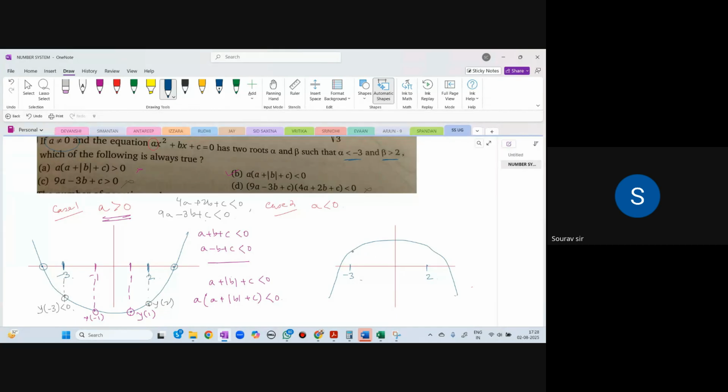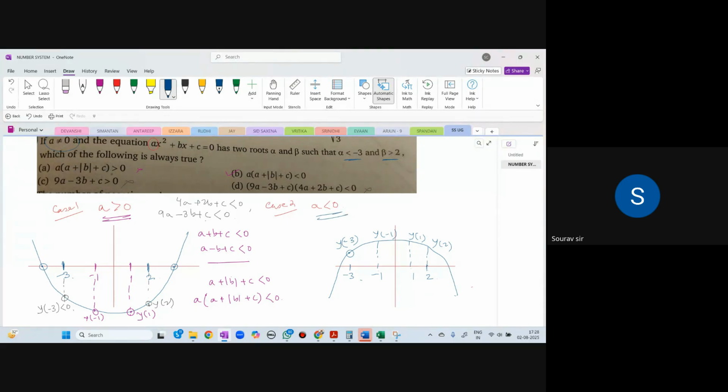Here y of -3 is positive, y of -1 is positive, y of 1 is positive, and y of 2 is positive. So all four are positive values here. But a is negative.